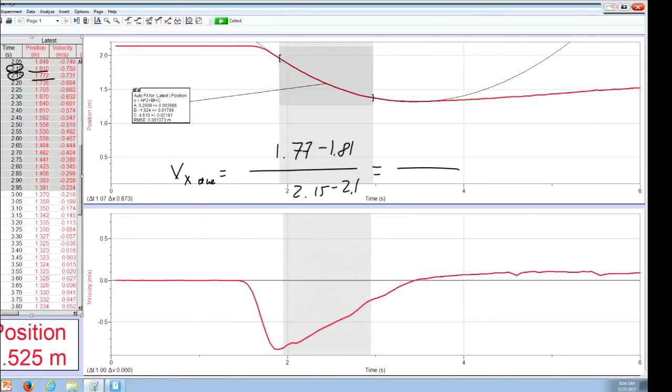And what I wanted to say is, actually, let's calculate it. 1.77 minus 1.81 divided by 0.05, right?